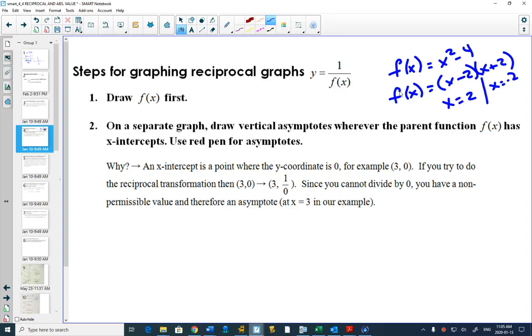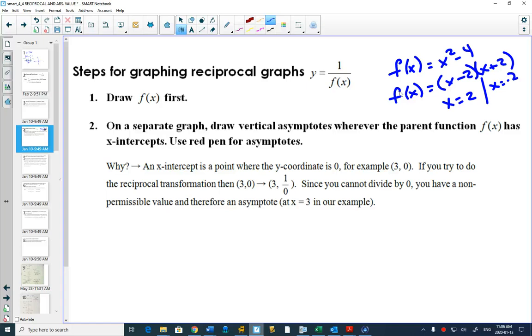Now, if the rule for 1 over f of x is you just write 1 over your y value, can you see that you're going to have a problem wherever there was x-intercepts? Well, in all reciprocal graphs, wherever your parent function has x-intercepts, you're going to draw asymptotes.